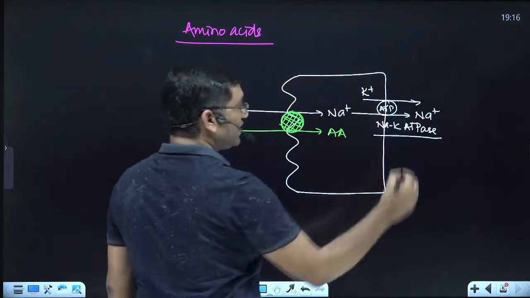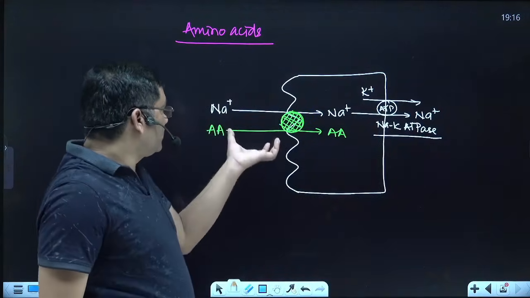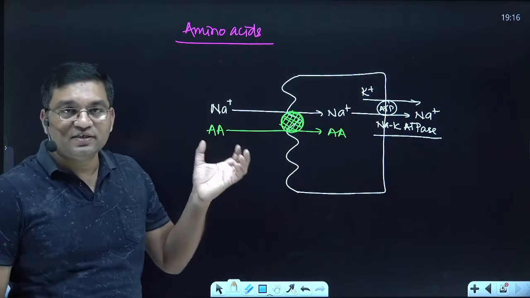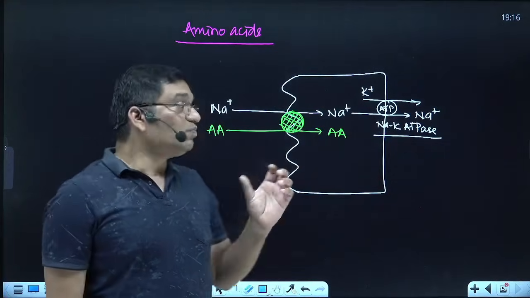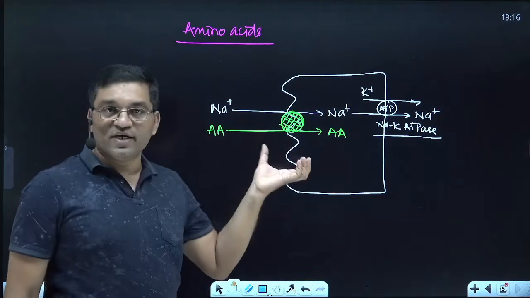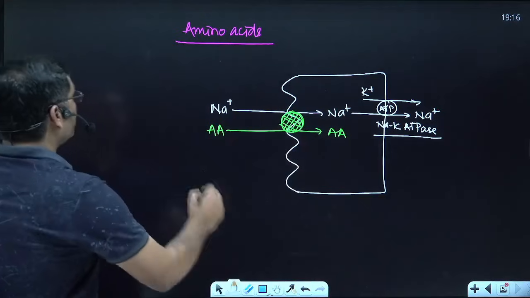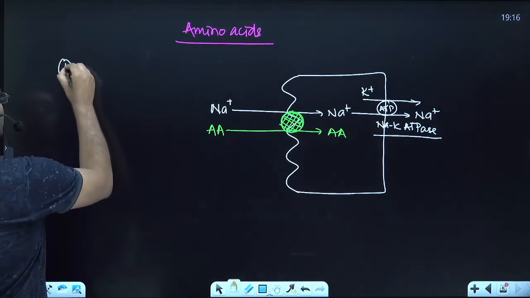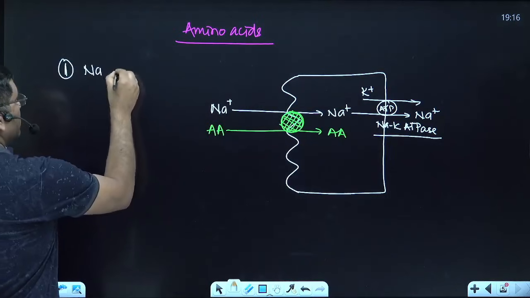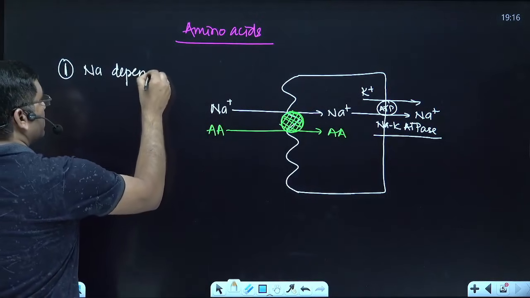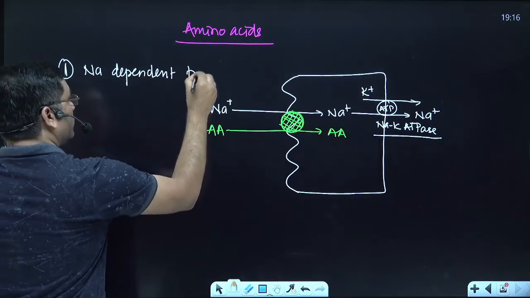So this is the indirect use of energy. So this is known as sodium dependent transport or symport of the L amino acids. So this is one mode of absorption, that is sodium dependent transport.